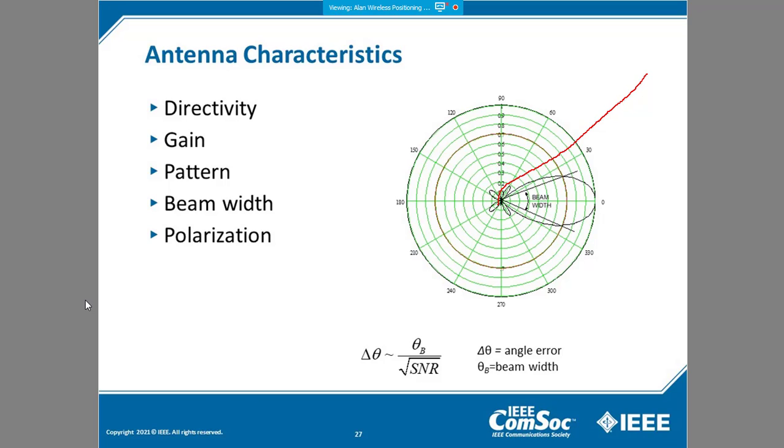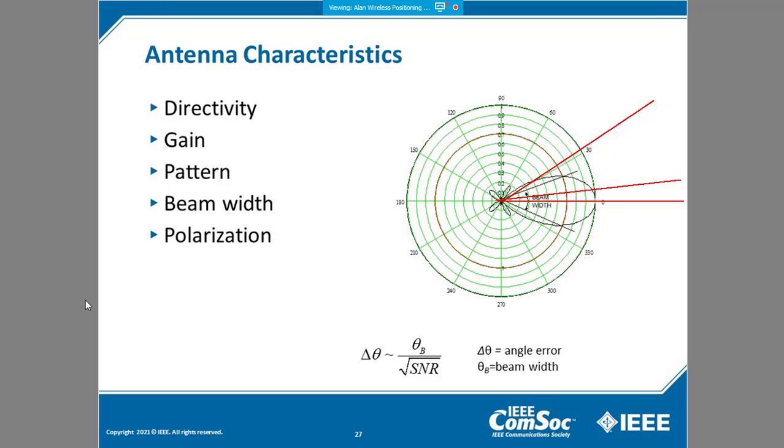Maybe I should have a line. If the signal is coming from here, we see that the signal strength is much lower than if the signal is coming from here. What we want to determine is which direction the signal is coming from. Note that if the signal is coming from another direction, it only changes a little bit.